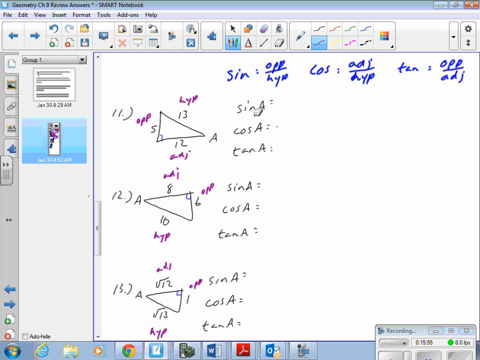So we're finding the sine of A, and from angle A, 5 is the opposite side, 12 is the adjacent side, and 13 is the hypotenuse. So we're looking for the opposite over the hypotenuse, which would be 5 over 13.